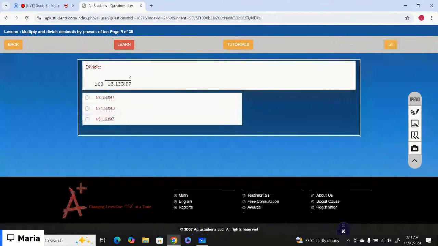Okay, the next one is divide 13,133.97 divided by 100. So which is the correct option?